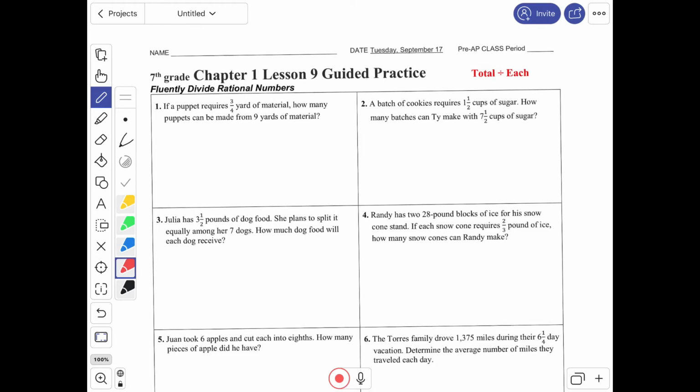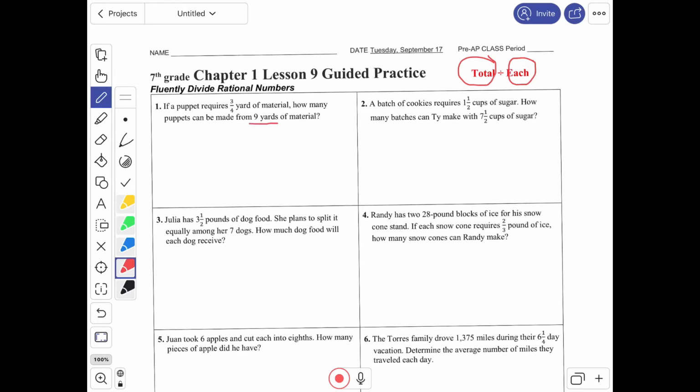Now let's look at a few more examples in word problems. When you're reading word problems, especially when it comes to fractions, you need to remember the total goes first. And then it's divided by whatever number or fraction is next to the word each. For example, number 1 says, if a puppet requires 3/4 yard of material, how many puppets can be made from 9 yards of material?